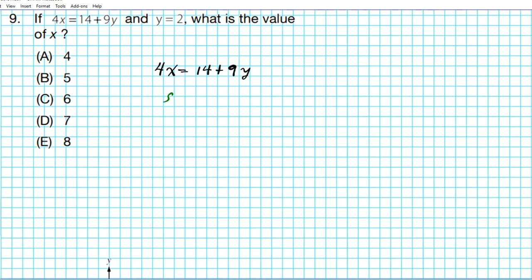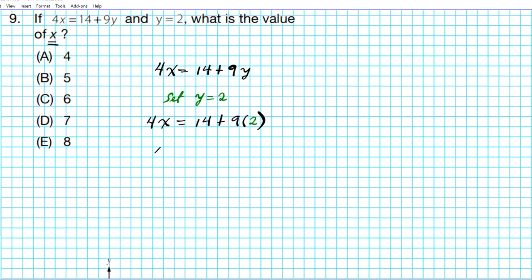Okay, so set y equal to the value of 2. So that will be substituted into the original equation. So we have 4x equals 14 plus 9 times 2. And then we're just going to simply isolate x to get the value of x.